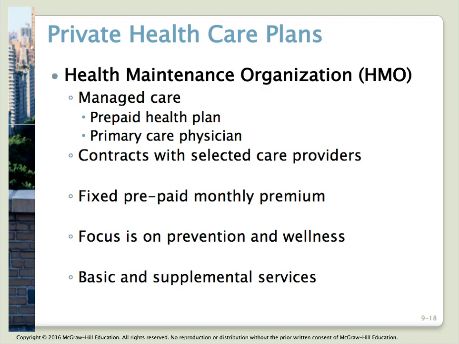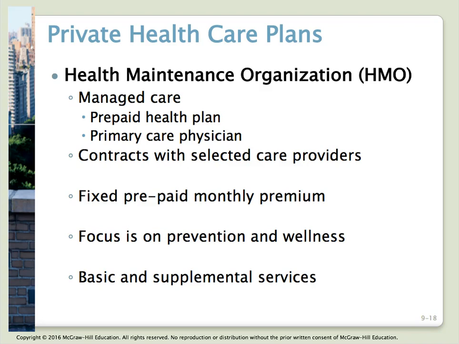And what I mean by that is that an HMO is a health insurance plan that directly employs or contracts with several physicians, surgeons, dentists, and optometrists to provide you with healthcare services in exchange for a fixed prepaid monthly premium.